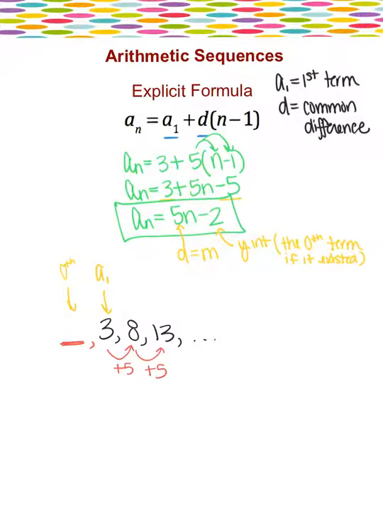Well, since I'm adding 5 to every term in the sequence, to go back a term I would have to subtract 5. And 3 minus 5 is a -2. So notice that the 0th term is always going to be that y-intercept, or the b value of the linear function that correlates to the arithmetic sequence.